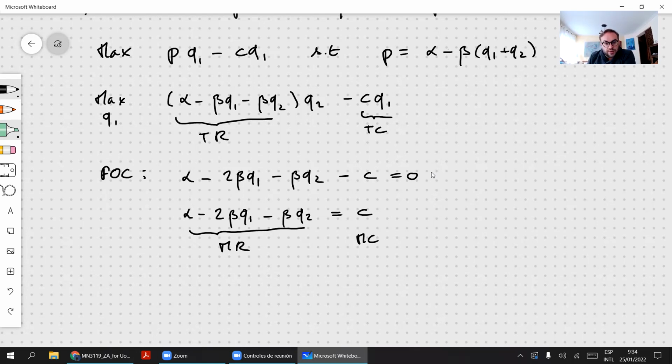Which means that I can rewrite everything as the following solution, in which Q1 is equal to alpha minus beta Q2 minus C, divided by 2 beta.